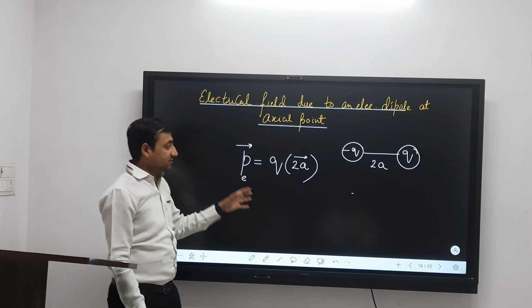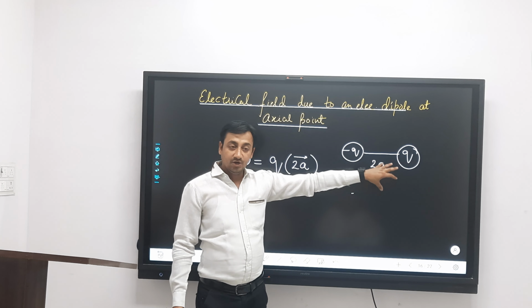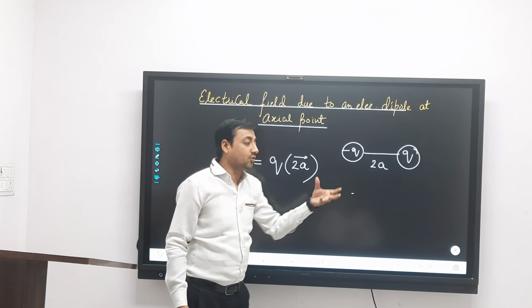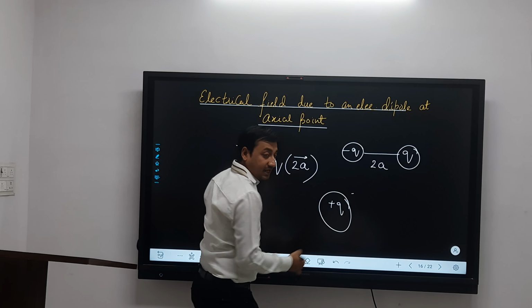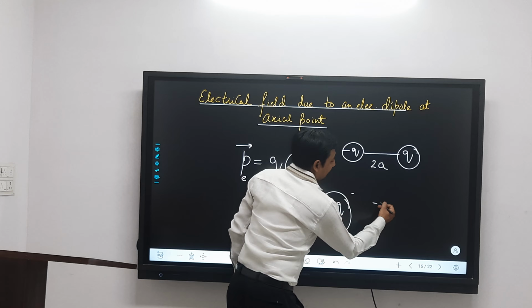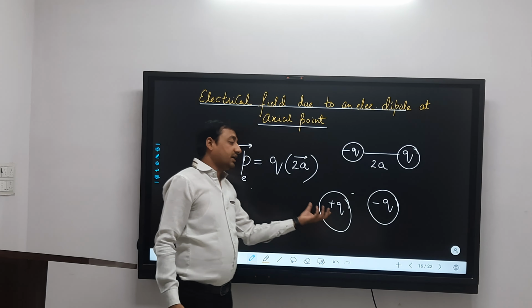Now based on this, we will draw the diagram and find the electrical field due to these charges. As you all know, a plus charge produces an electrical field around it, and a minus charge also produces an electrical field around it.